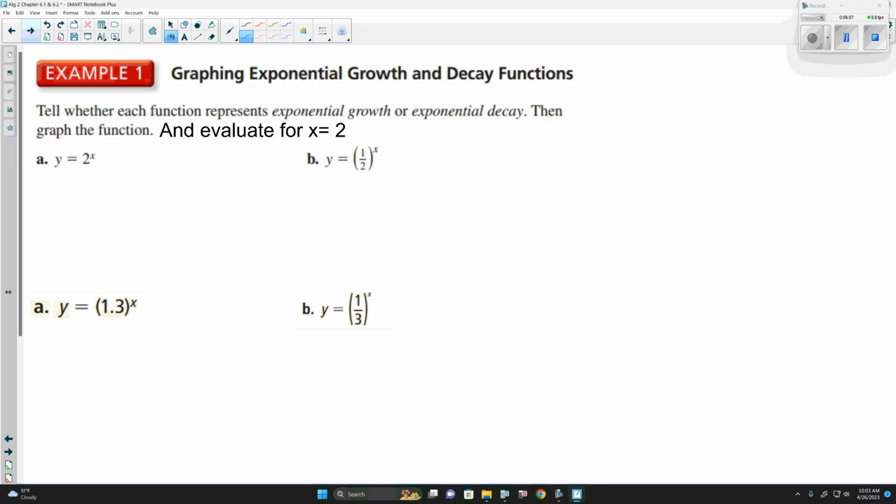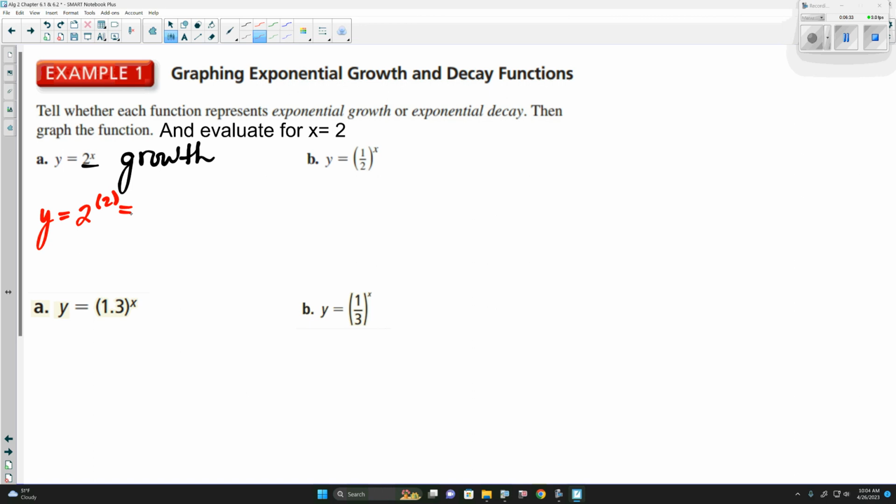Would this be exponential growth or exponential decay? The reason we would say this is growth is because the base is greater than 1. Now we want to evaluate it when x is 2.